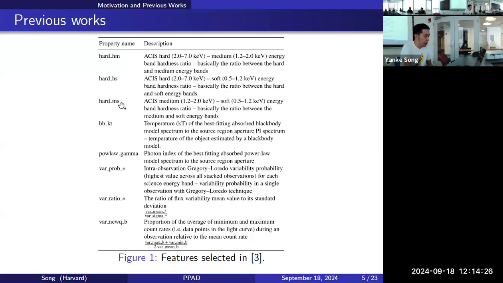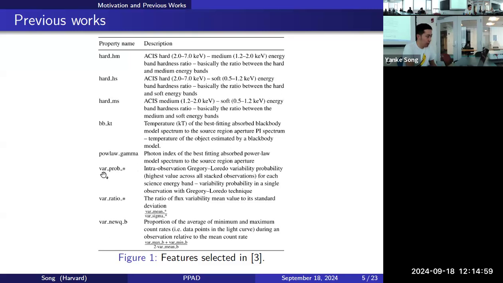It includes the hardness ratios, which are just ratios of the photon counts in different energy bands. It has this value called dBKT, which, as they describe it, is the temperature of the best fitting model of some type. It is obviously a physical model, which requires domain knowledge. They also have this variable, which is the best fitting photon index of some physical model.